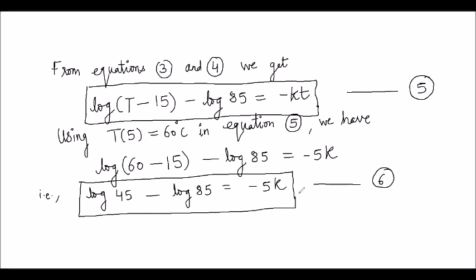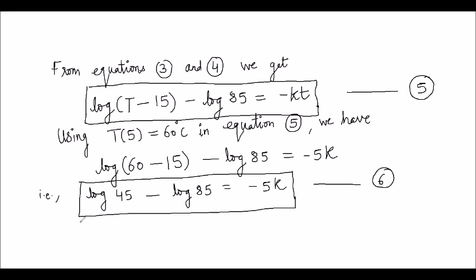If I divide these two, equation 5 and equation 6, this K will cancel out. And we will have an equation involving capital T, the temperature of coffee, and small t, the time.